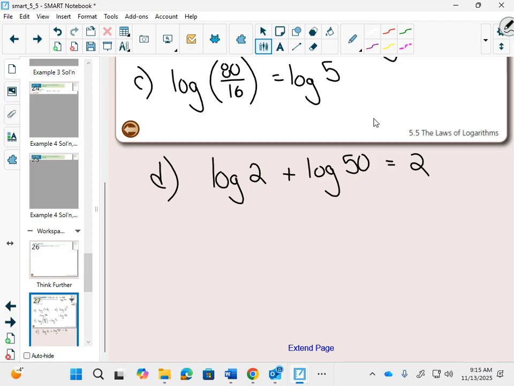I could combine those together to be 2 times 50, which is 100. When no base is written, there's a little 10 here. Can you do the mental math now? 10 to what power is 100? It's 2. So sometimes combining it as a single logarithm will let us figure it out.